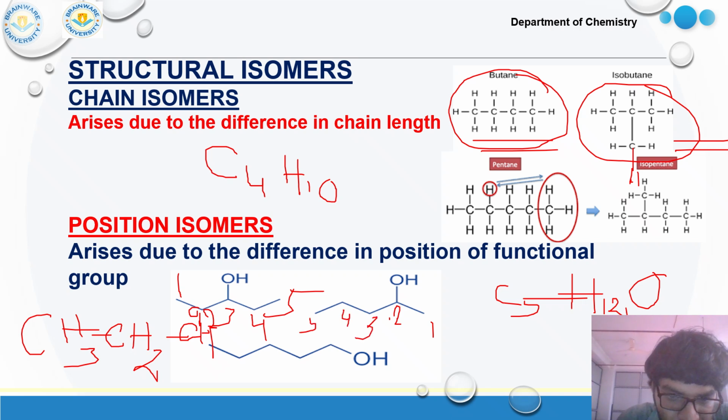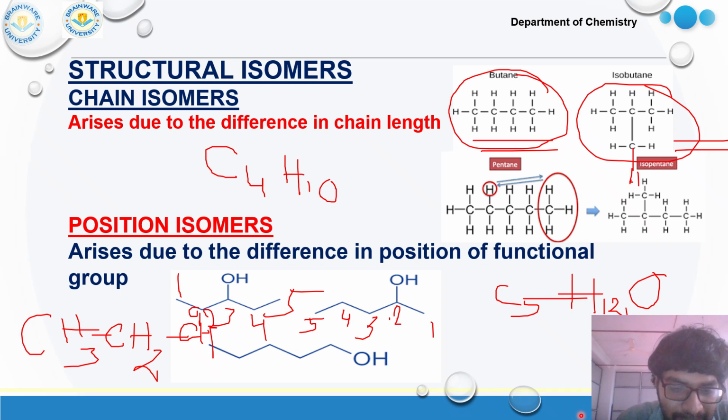So in the first one, the functional group is at carbon number 3, and in the second one, the functional group is at carbon number 2. So their molecular formula is the same, but their position is different. So we call them positional isomers.